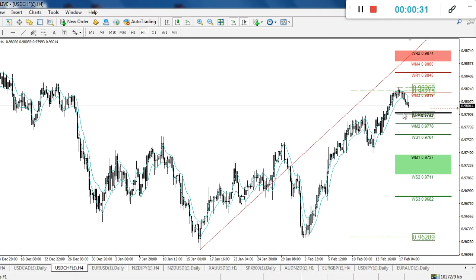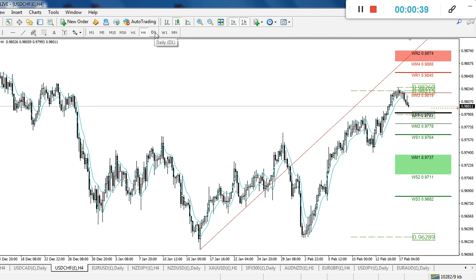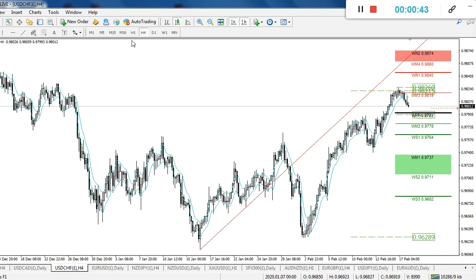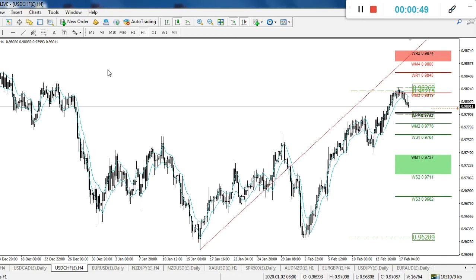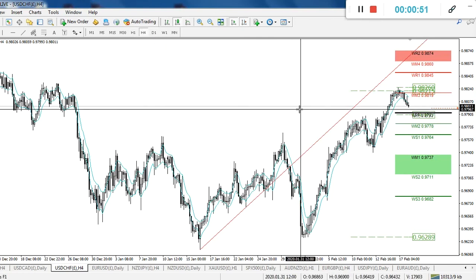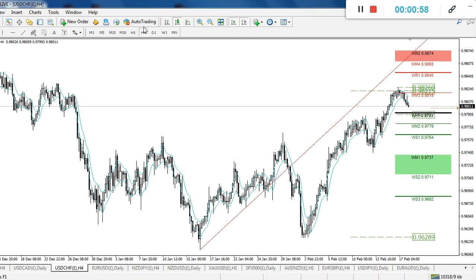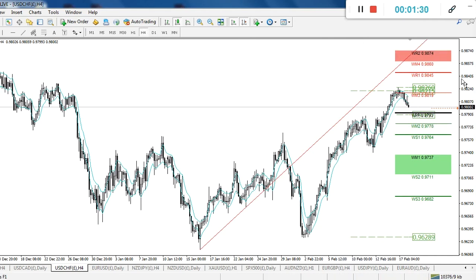If it does that, it's very close to where my entry would be. If it plays out, I would be looking, let's say if you get on here at 97.95, to run it all the way to around 98.75, where the weekly R2 is.